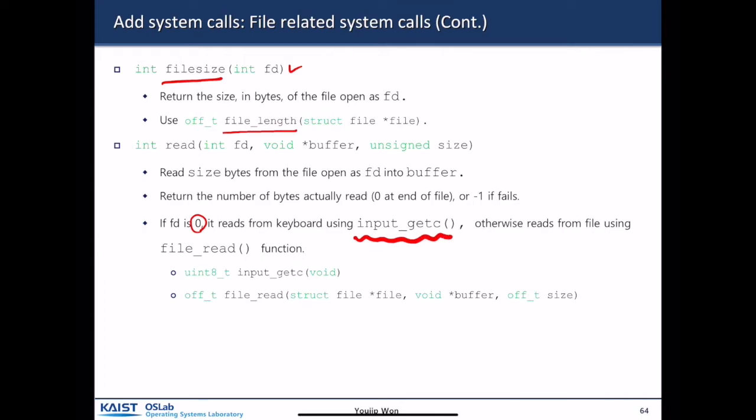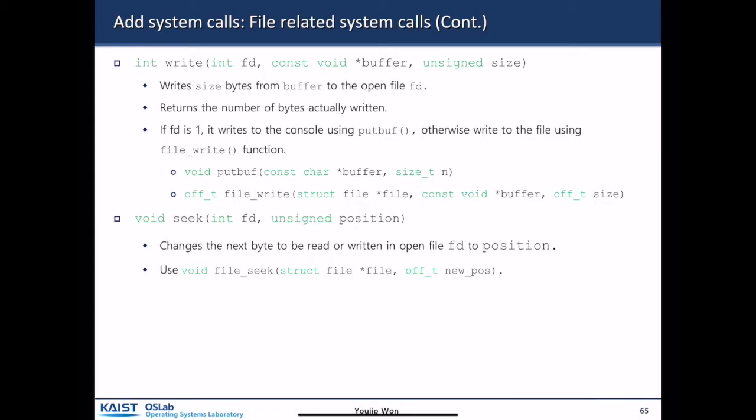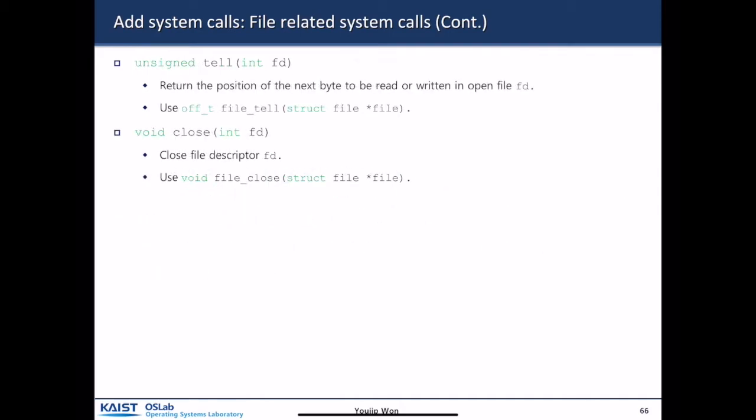For file descriptors other than 0, you call file_read. The same applies for the write system call. When the file descriptor is 1, you have to write the output to the console. Otherwise, you have to call file_write. And there is a function called tell, and it calls file_tell. And there's a system call close, which calls file_close.